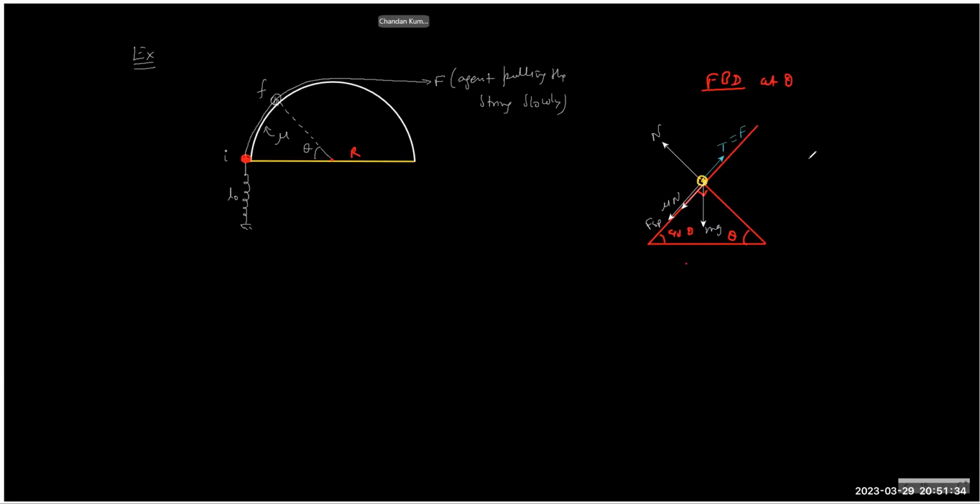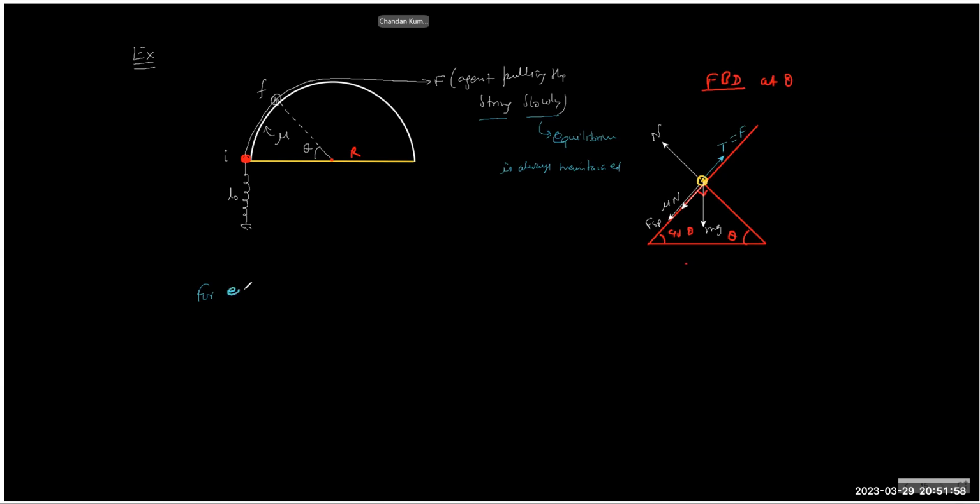So for equilibrium, what? For slowly means what? Equilibrium is always maintained. These are very challenging Olympiad problems for you.